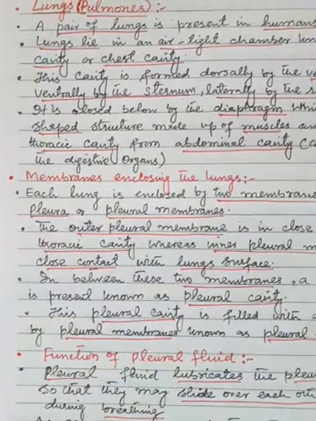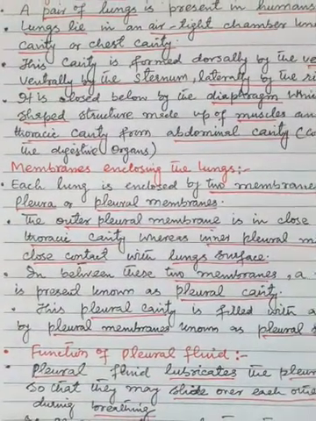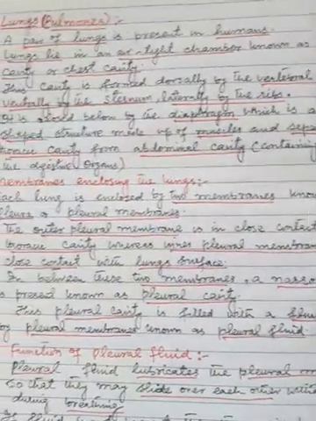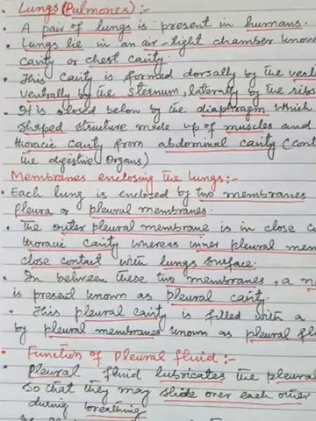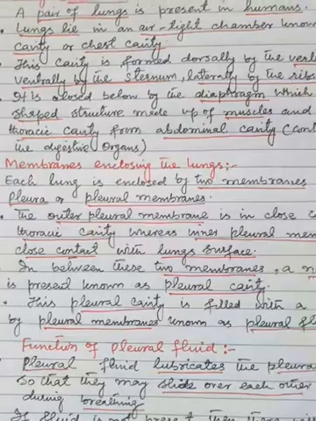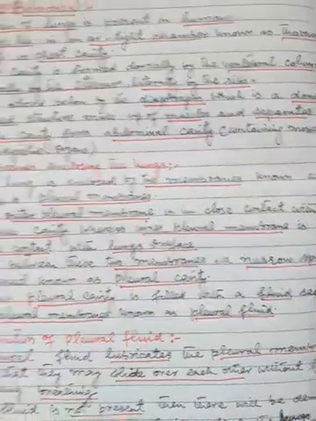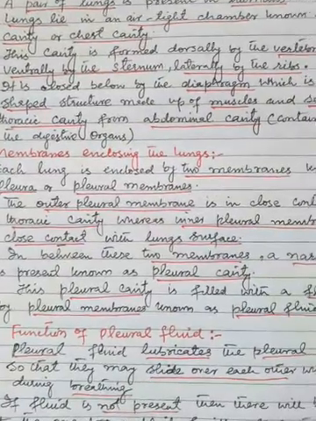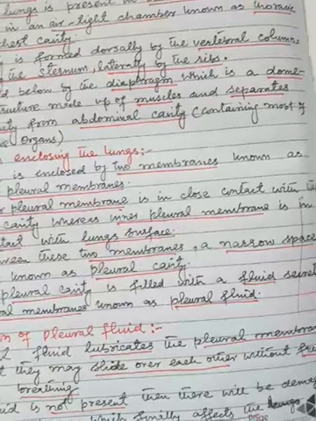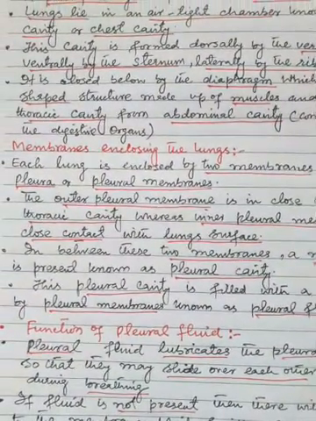Now, the membranes enclosing the lungs. Each lung is enclosed by two membranes known as pleura or pleural membranes. The outer pleural membrane is in close contact with the thoracic cavity, whereas the inner pleural membrane is in close contact with the lung surface.